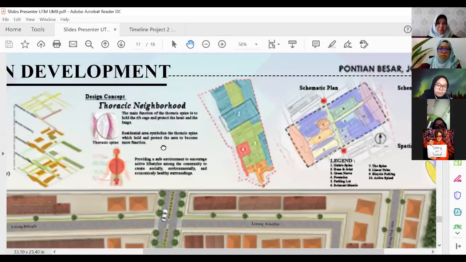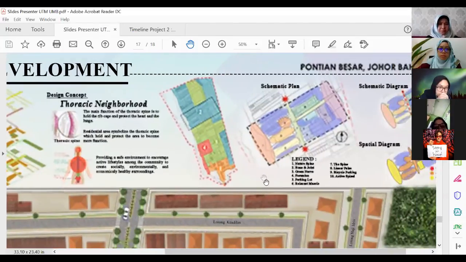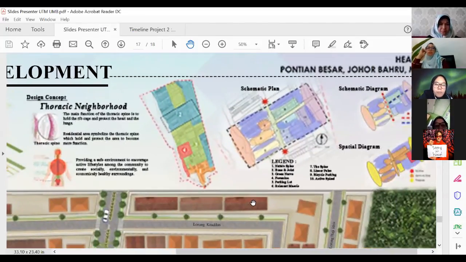For my design concept, I chose touristic neighborhood. Why did I choose touristic? If you want to know the term, it comes from our backbone, the spine, of which we have four types. I take the second spine, whose function is to hold the rib cage and protect the heart and the lungs.